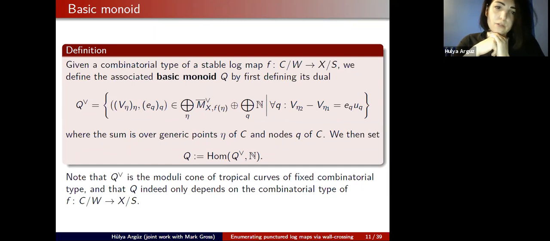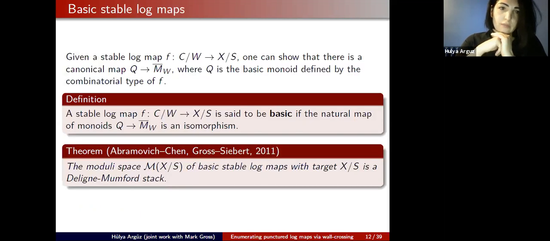So you define your monoid Q by first defining its dual. The dual of Q is defined by taking some sum of monoids. You need as many copies of N as you have nodes, and for every generic component, you need to take some sum with the dual of the ghost sheaf at the stalk of this generic component. This way you can define a monoid, and then you define your W out of this monoid defined from the combinatorial type.